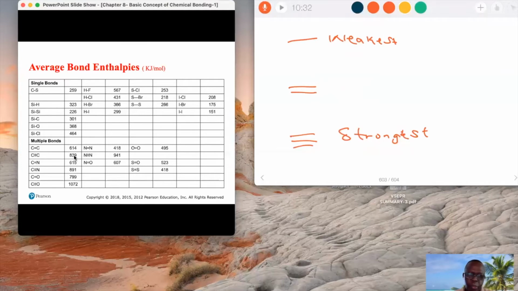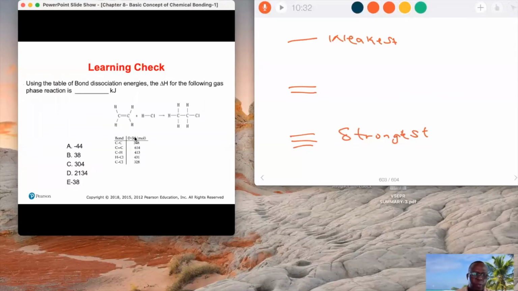I don't need you to memorize the numerical values, but the general trend here is always the single bond is the weakest and the strongest is the triple bond. That's what I want you to know in terms of bond strength.